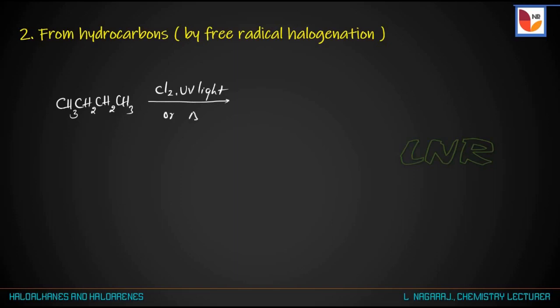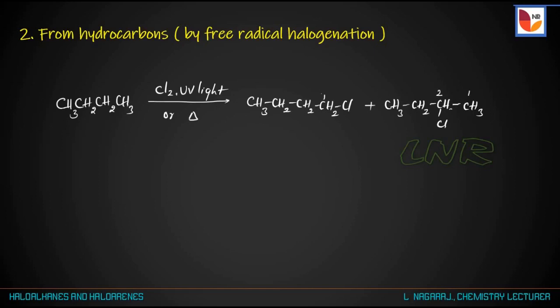When butane undergoes chlorination in the presence of sunlight, or the reaction takes place on heating, it gives isomers, that is CH3CH2CH2CH2Cl, and another isomer, CH3CH2CHClCH3. That is, halogen is attached to the first carbon, and here halogen is attached to the second carbon.